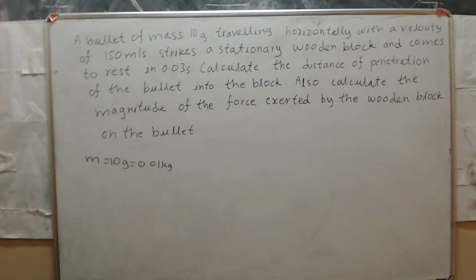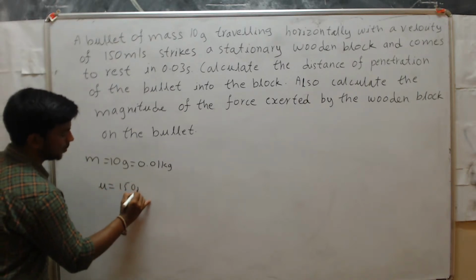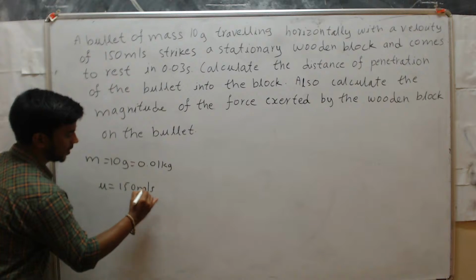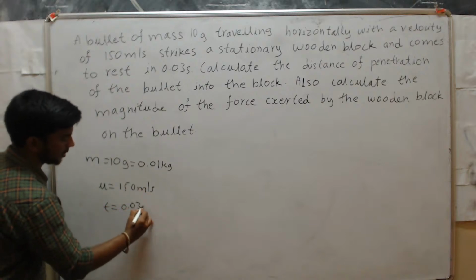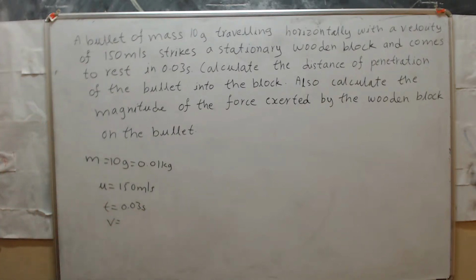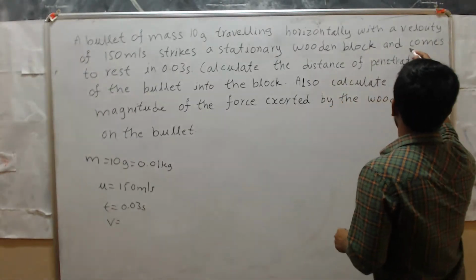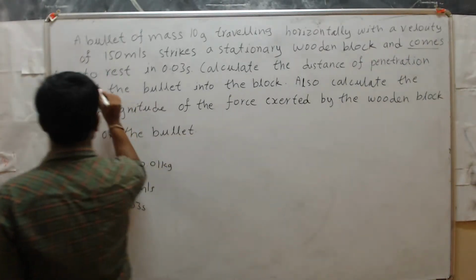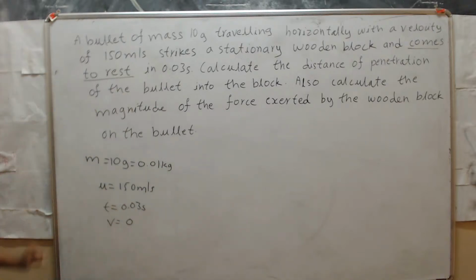Next, the bullet is moving horizontally, so its initial velocity u is equal to 150 meter per second, and time is 0.03 seconds. So what about final velocity? See here, after striking the wooden block, they have mentioned it comes to rest. So that's why final velocity is equal to 0.